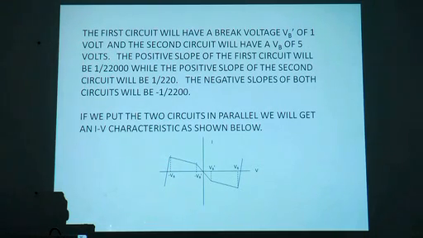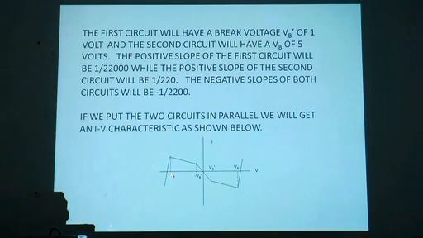If we now put the two circuits in parallel and connect them to a voltage source, the current drawn against the voltage will show this characteristic. If you are below -VB or above +VB, you have a positive slope which is almost equal to this value.